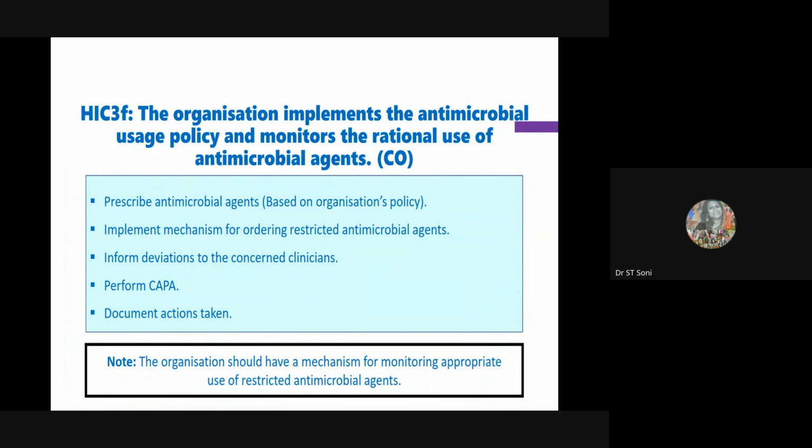For rational use of antibiotics, we also need to have a list of restricted antibiotics, because we all know that we have been rampantly using antibiotics. Kerala is one state wherein you don't get over the counter antibiotics, and if a pharmacist issues them, they will be punished.